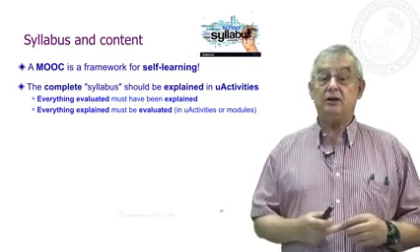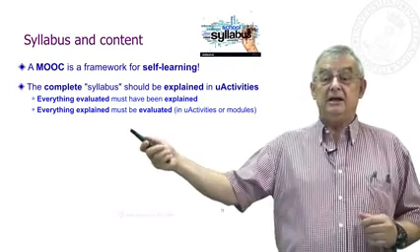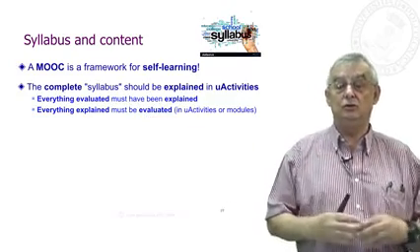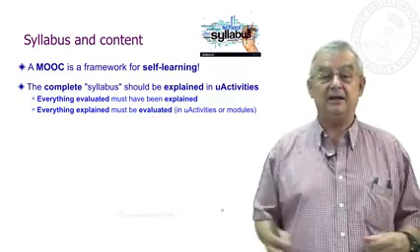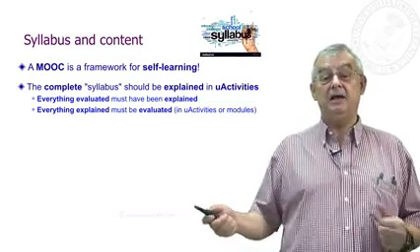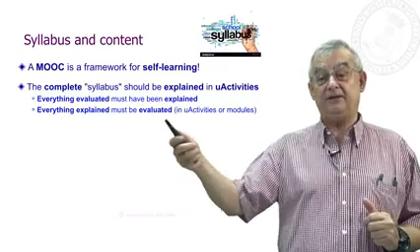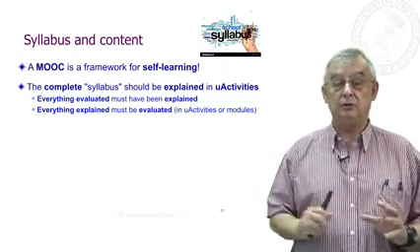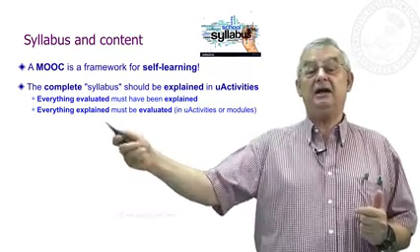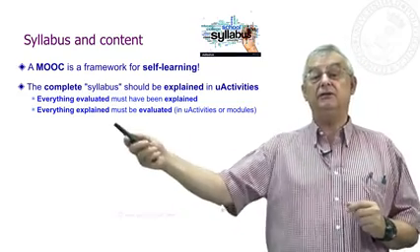It is also very recommendable that everything evaluated has been explained, that you don't suppose there are things the learner must know by himself without having been explained, and also that everything explained is evaluated in micro activities or modules, because evaluations are also learning activities which can be used to consolidate what you have explained.